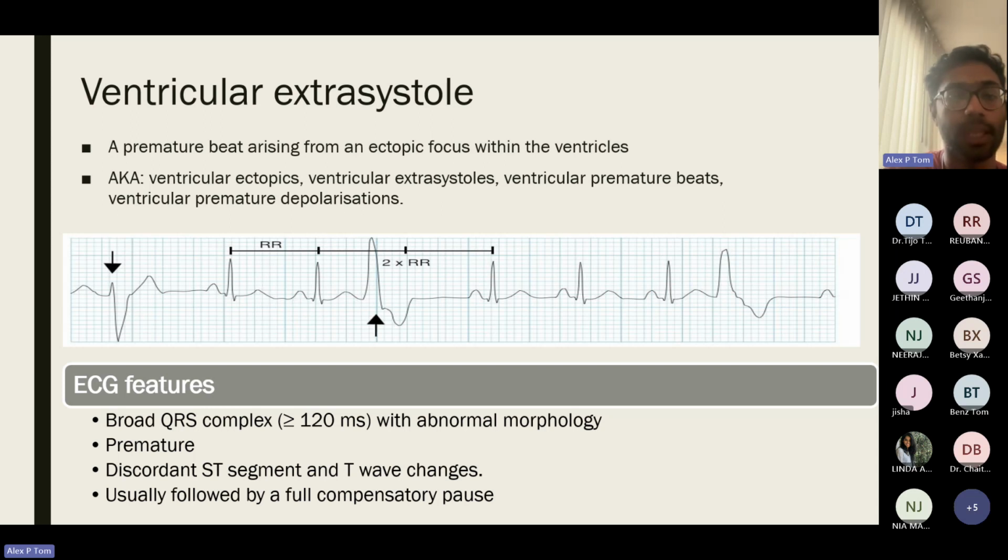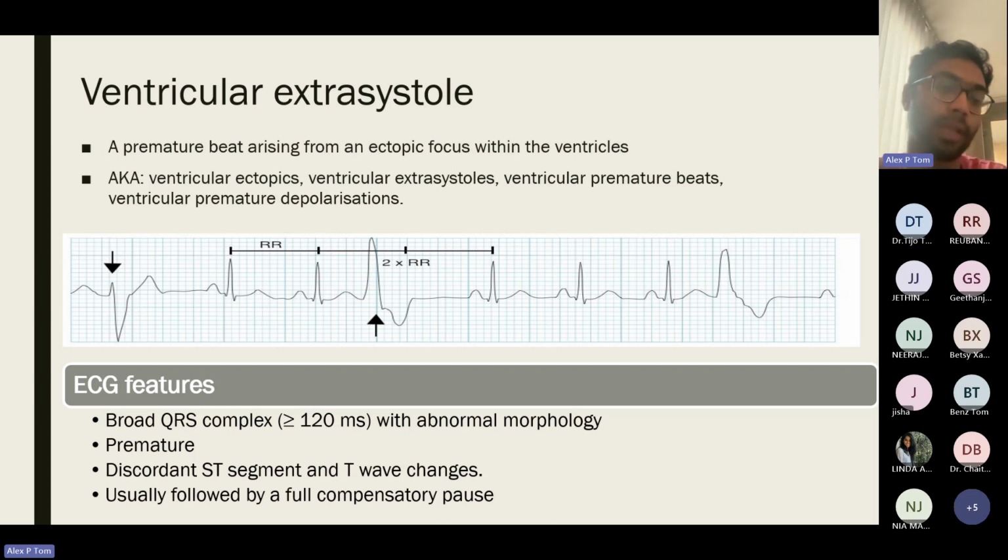This is basically a beat arising from the ventricle that is not following the normal conduction pathway. Hence, you can see a broad QRS complex and an inverted T wave, just one off. That would be a ventricular ectopic beat. The QRS complex will be bigger than 120 milliseconds, with abnormal morphology, and it's premature, happening before the normal P wave and QRS complex are supposed to happen.